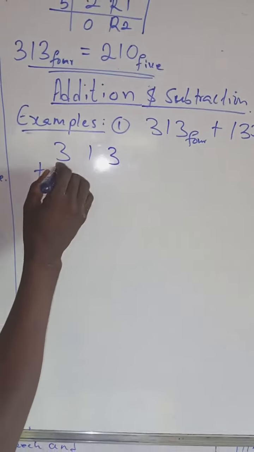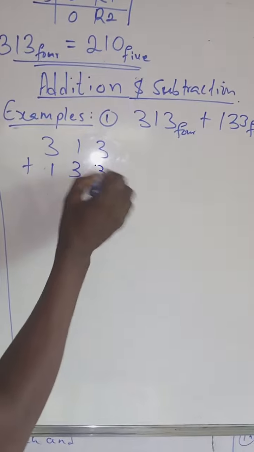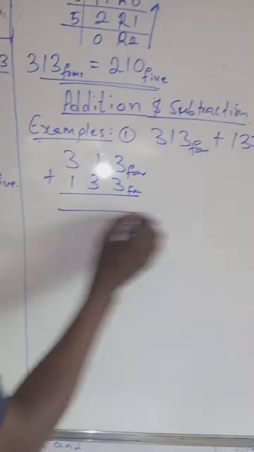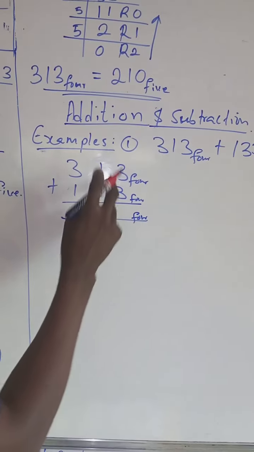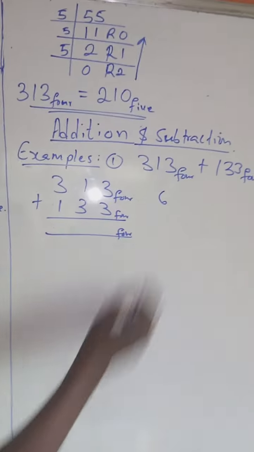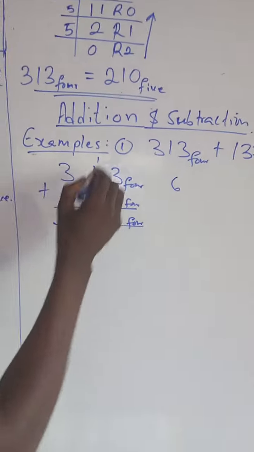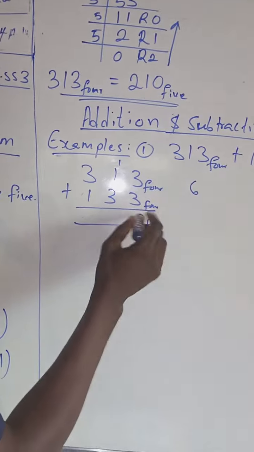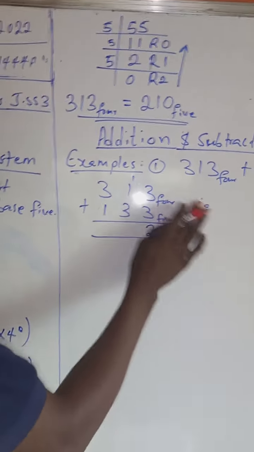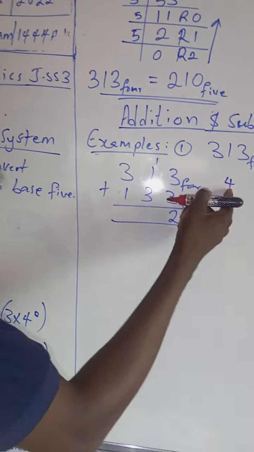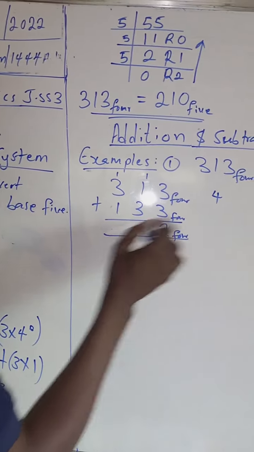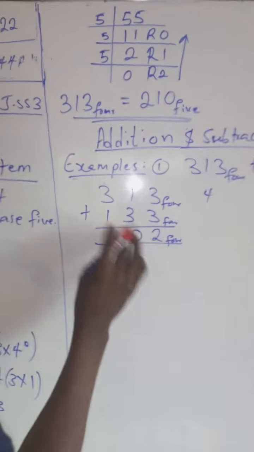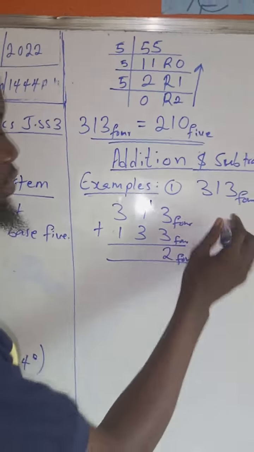313 added to 133, both in base 4. So 3 plus 3 will give us 6. How many 4 can we get there? 1. That one will be carried. We only write down the remainder, 2. Then this one will give me 5.